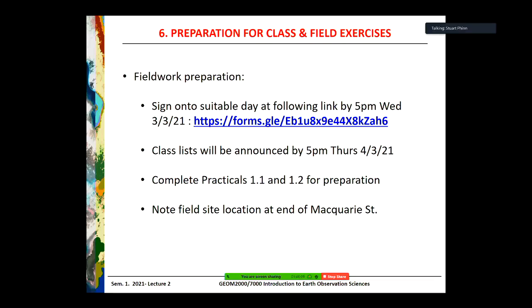Okay, so first of all, I know as of just before the lecture, 73 people had signed on to the field pracs. Thanks. We'll post those lists on the Blackboard site by Thursday, so you know which day to go along to. You'll get full details of the practical sessions, what's happening in the field, this week.